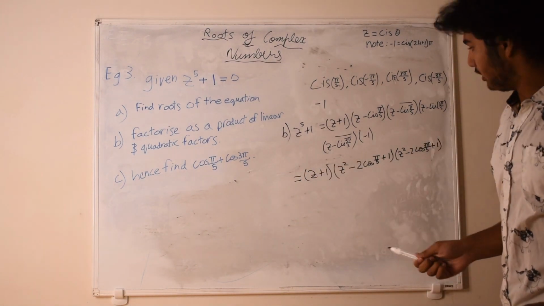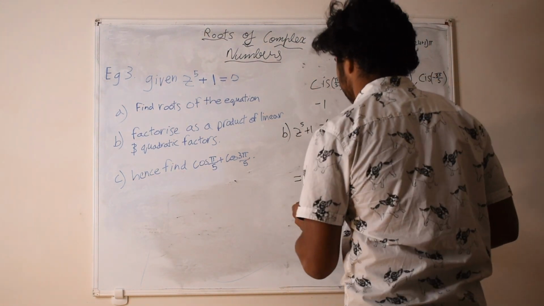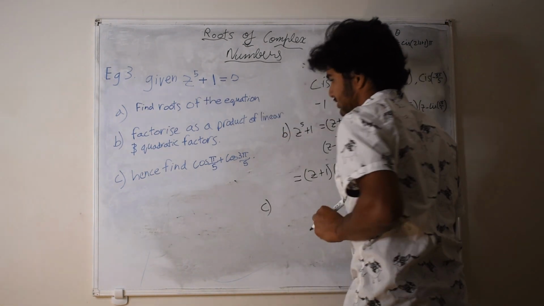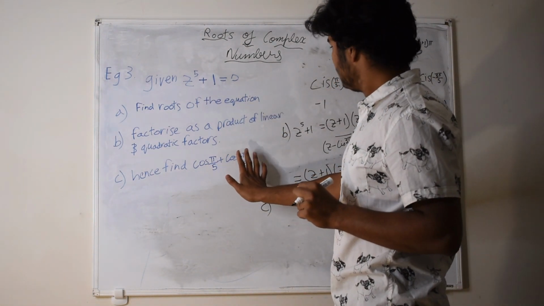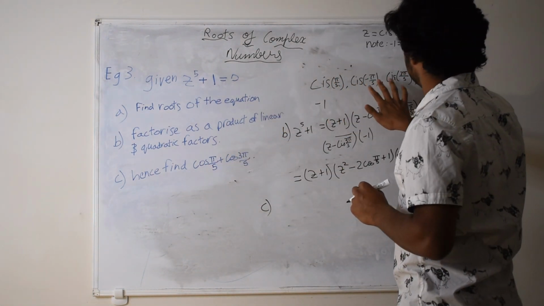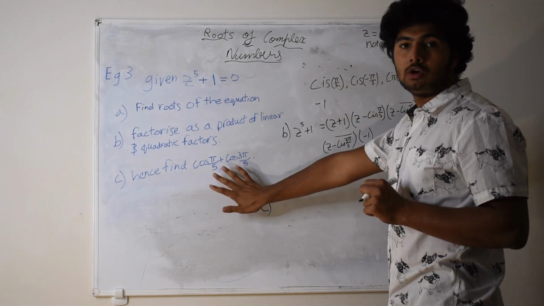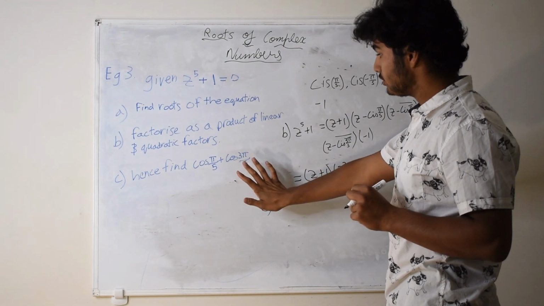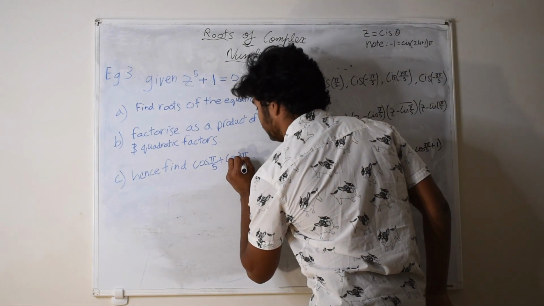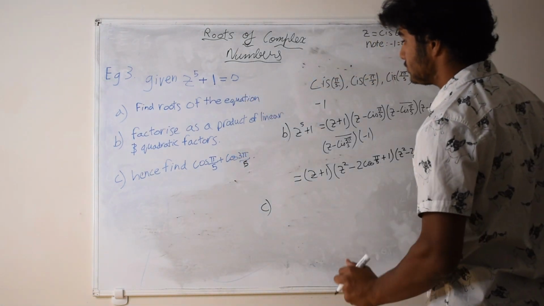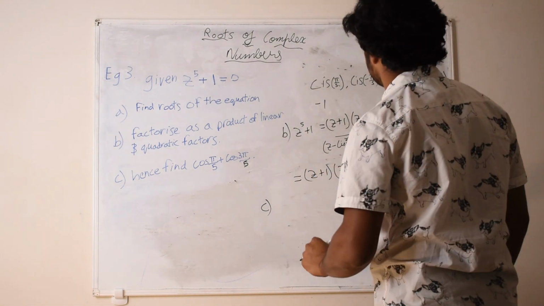We'll go down to C. I'll just do C just over here, just make it easier. This is just because we've got the roots right here, correct? We can just go sum of roots in polynomials.